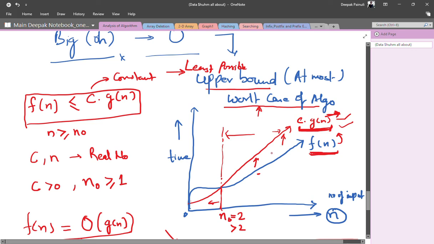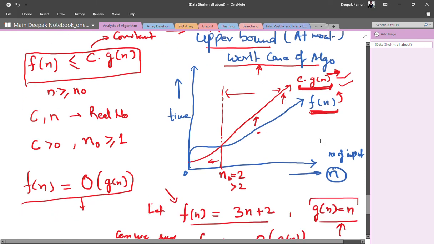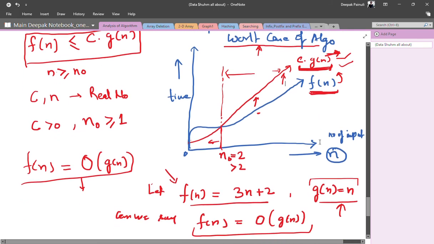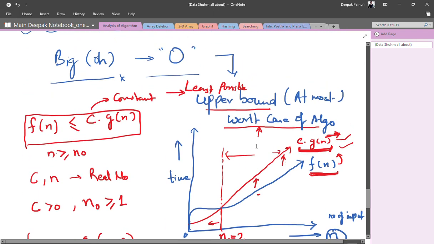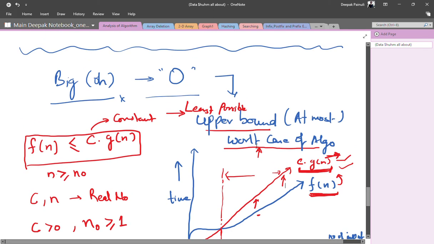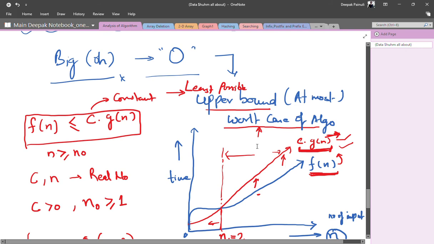So on the basis of this worst case criteria, we can say that our algorithm is a good one, best one, or worst one, right? So this is the practical proof that this will totally be a mathematical representation of the upper bound for any algorithm.